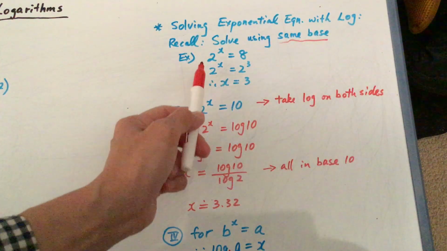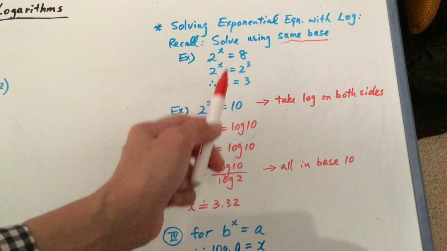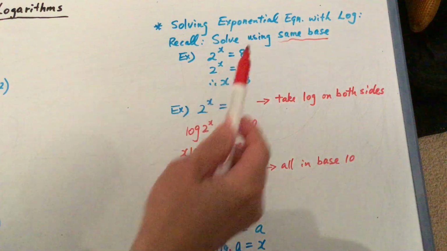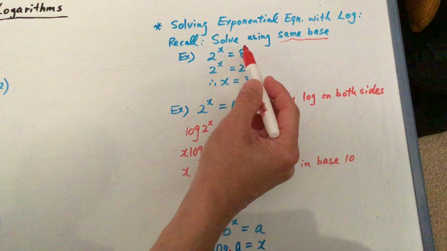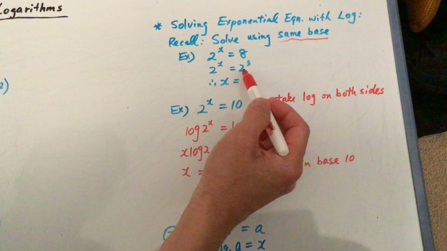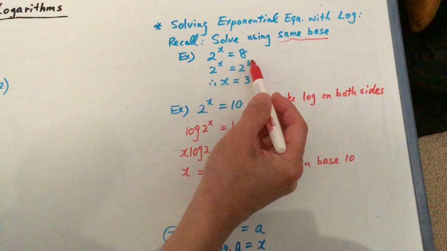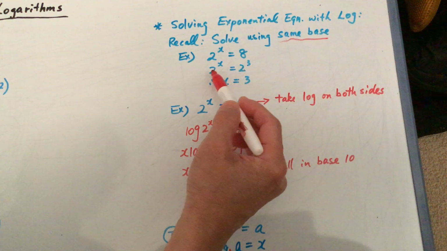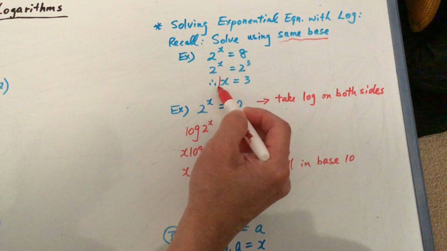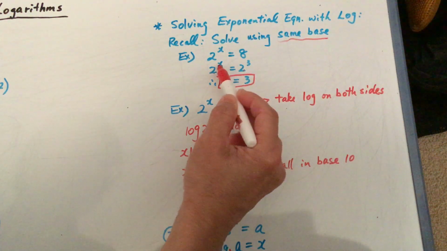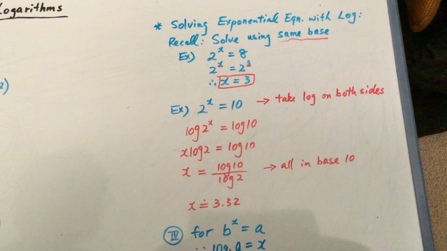This example is possible because the 8 can turn into the same base as the left side, which is the 2. So 8 is the same as 2 to the power of 3. When both sides, the left and the right side, have the same base, then we can say that the exponents must be the same. So x must be equal to 3, right?